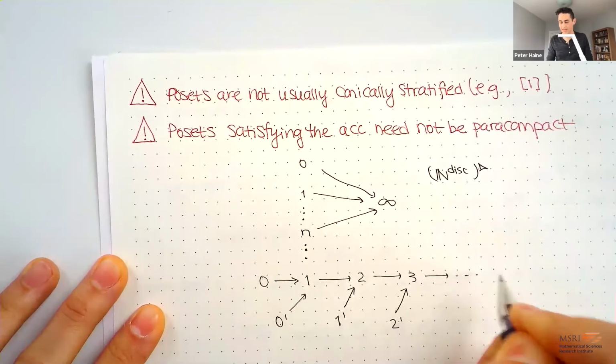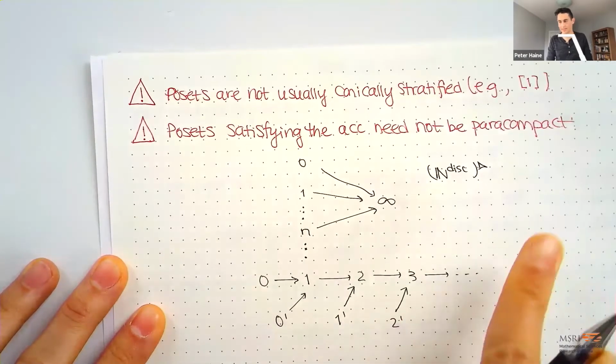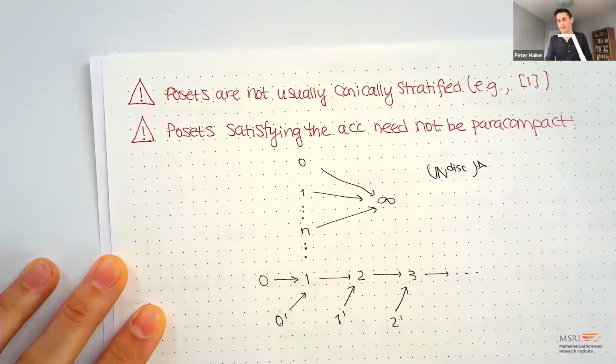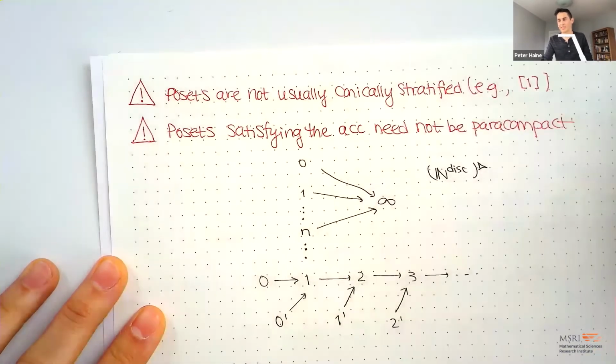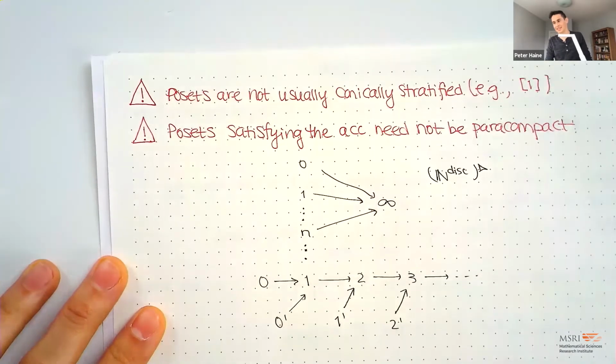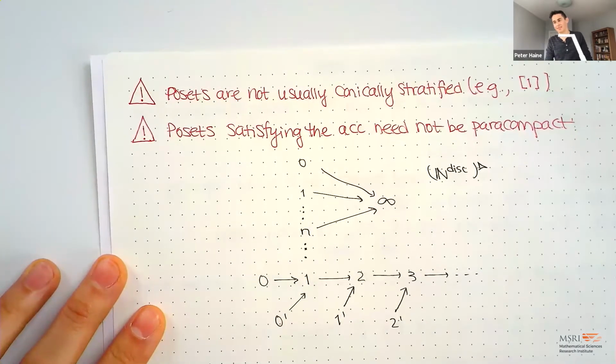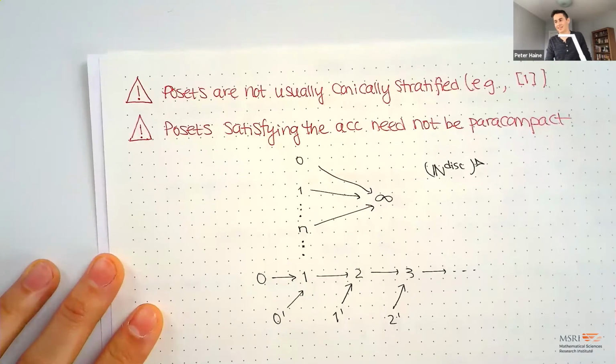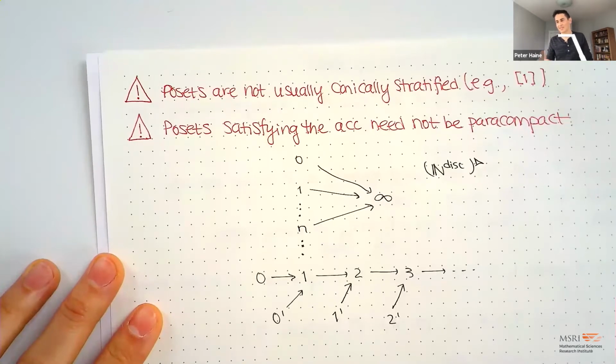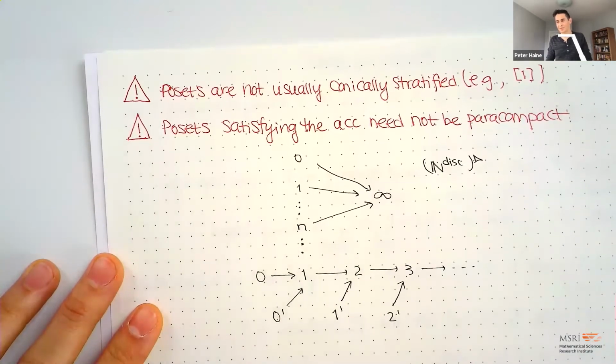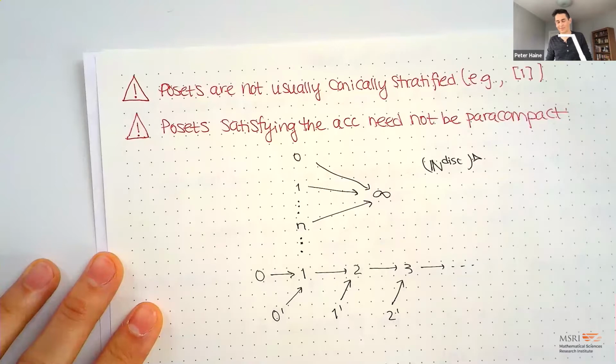So you continue like this, keep on having these elements like this. And this is also not paracompact. But then there are also posets that do satisfy these conditions. I don't know, it seems a bit weird.